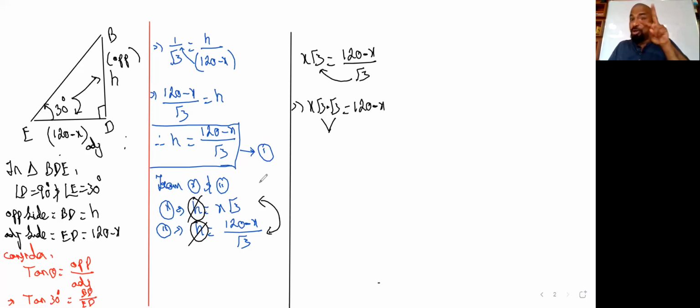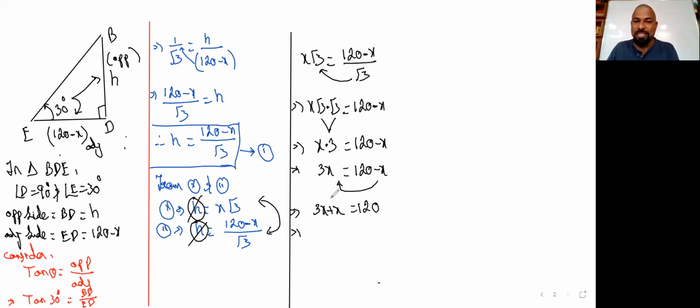Now, root 3 into root 3, you have to remember, is nothing but 3. So X into 3 is equal to 120 minus X, which is nothing but 3X is equal to 120 minus X. So we are isolating for X here. Keep all the X to one side. I am sending minus X to the other side. What does it become? 3X plus X is equal to 120.